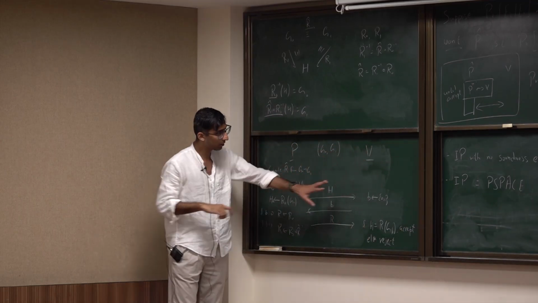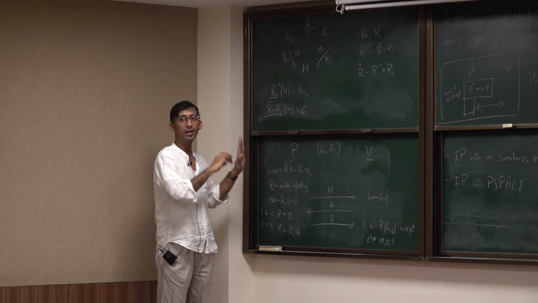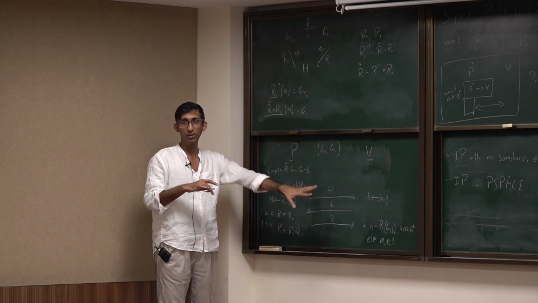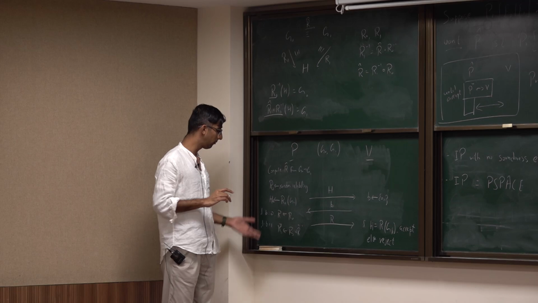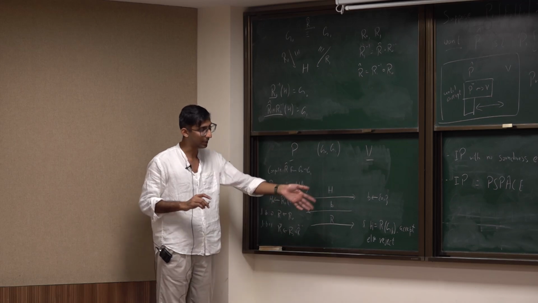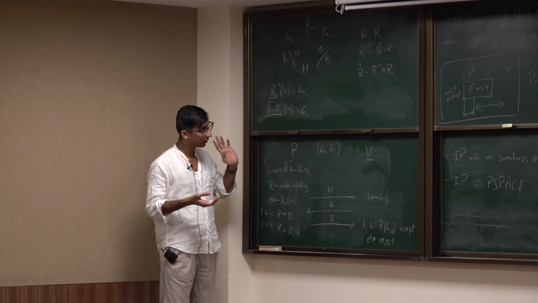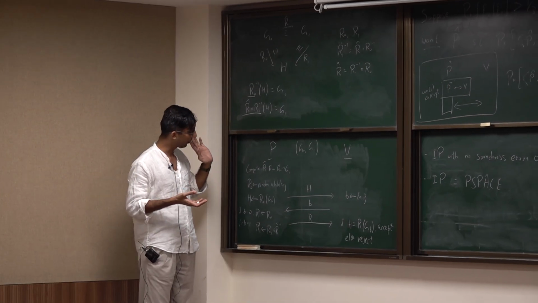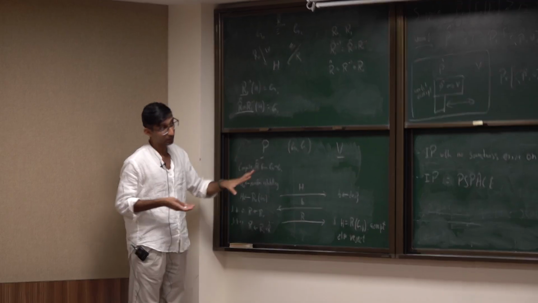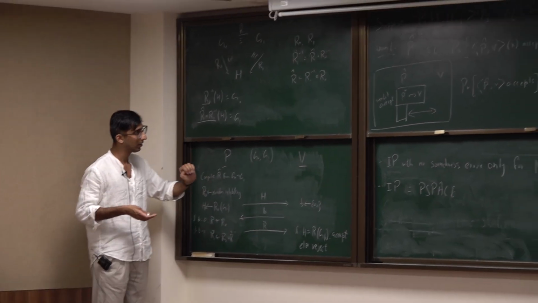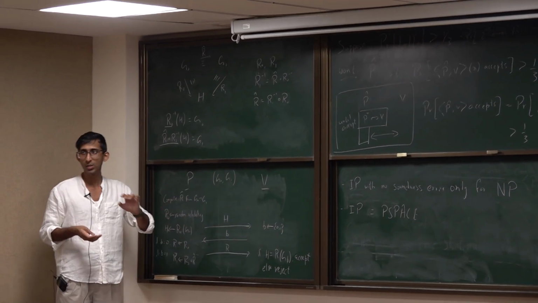So the verifier's algorithm is just this. We specified the protocol. This is what the verifier does. The prover may do other things as long as it satisfies the completeness property. Right? So as long as the prover's algorithm and the verifier's algorithm together satisfy the completeness property, and the verifier's algorithm satisfies the soundness property, we are happy.